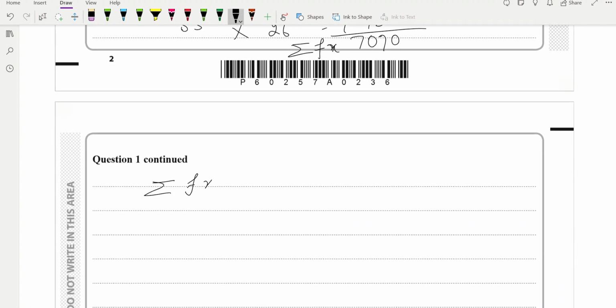Sigma fx divided by sigma f, which is frequency. Sigma fx we have just calculated, which is 7070, divided by sigma f, which is the total of frequency, which is 200.